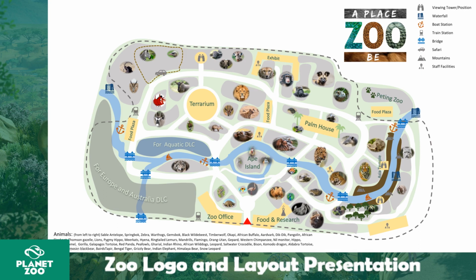So we head further to the Asian section of our zoo, and in this Asian section, we will have a small boat station, and then the people can have a look at the saltwater crocodile, and right next to it we have the gharial. So I think it was a good idea to put both crocodile species together, because then you can really see the difference between them.